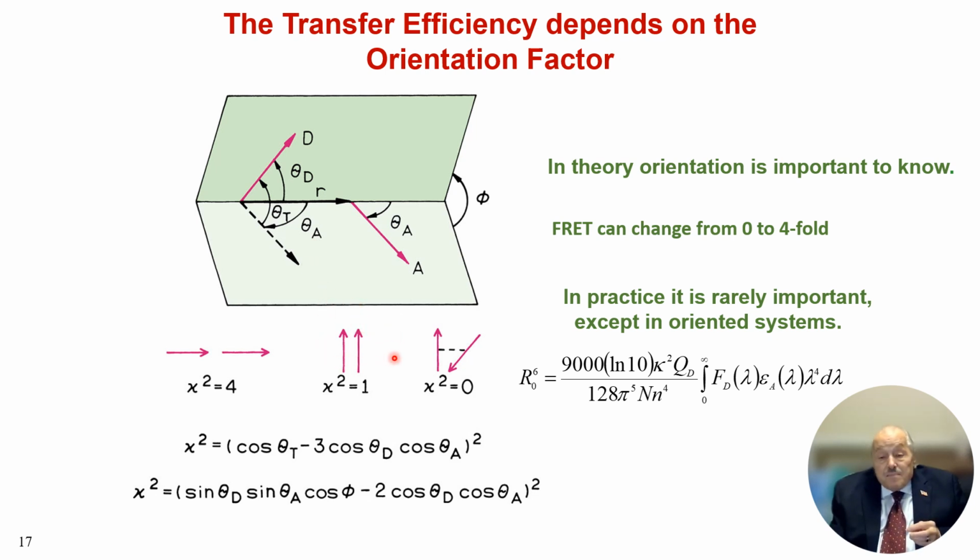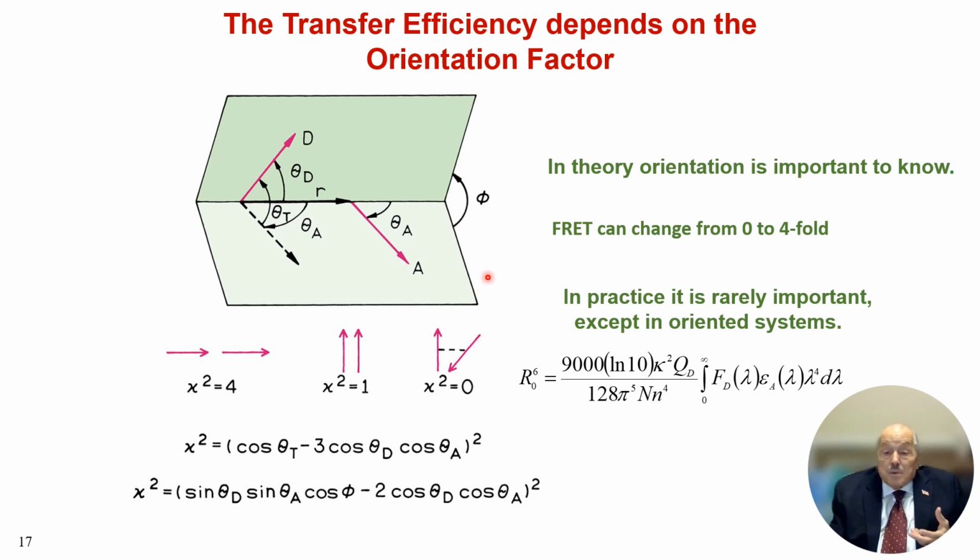But in the final analysis kappa squared can vary from 4 if the dipoles are aligned end to end. If they're parallel, it's 2, and if they're perpendicular to each other, it's 0.